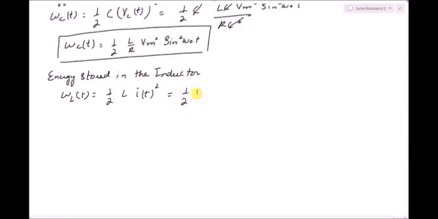So half Li square, that will be Vm over R cos omega naught t square, and the final formula for the energy stored in the inductor will be Vm square L over 2R square cos square omega naught t.